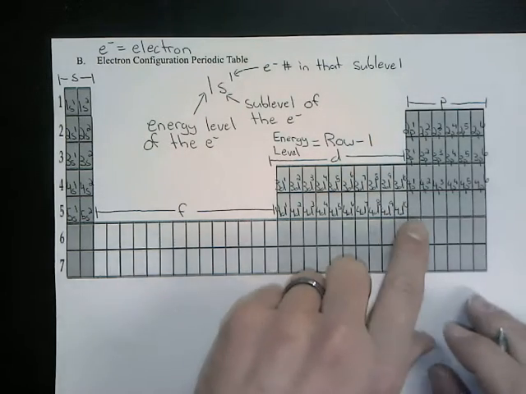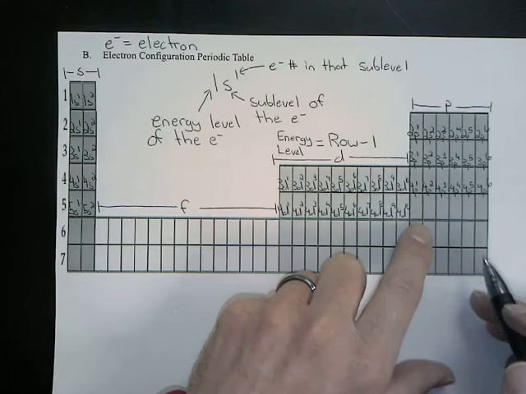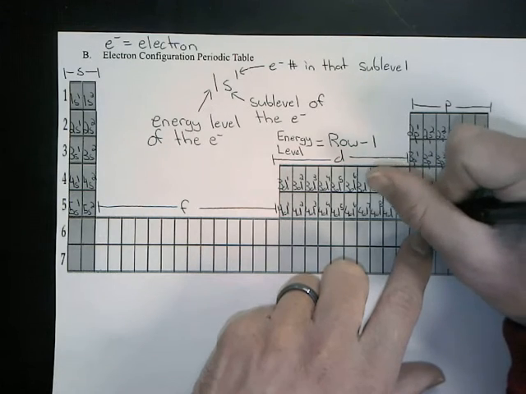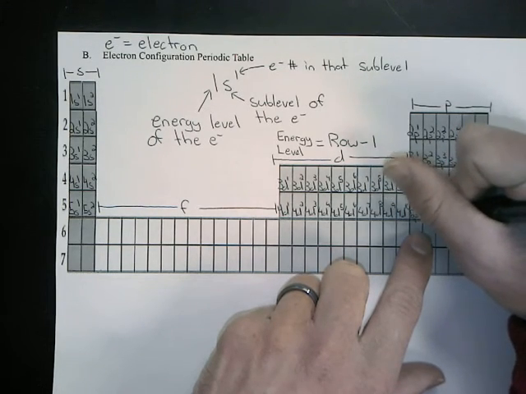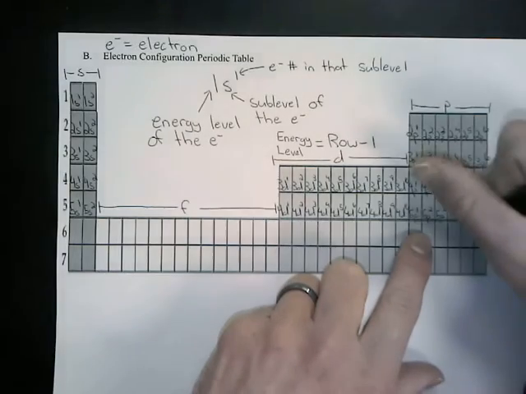All right, energy level becomes equal back to the row number here for our P block. So we start out here with 5P1, and we scroll all the way over to 5P6.